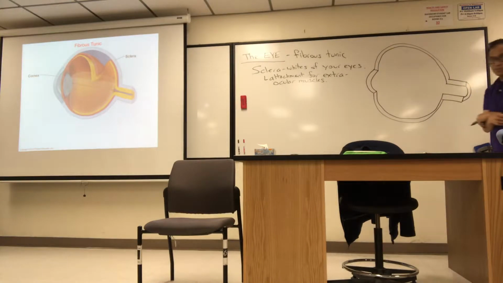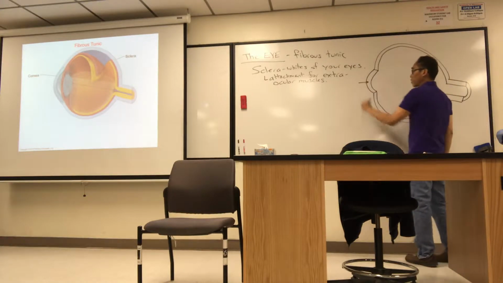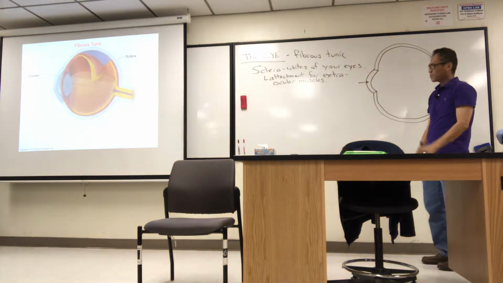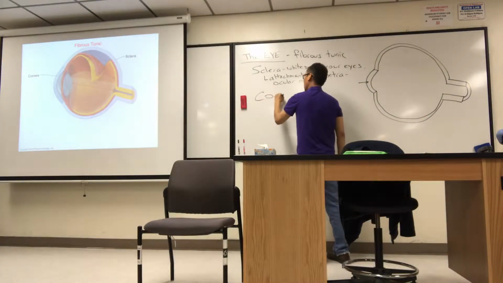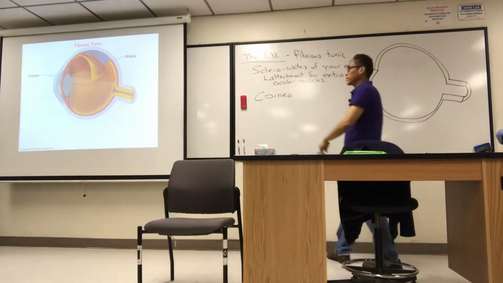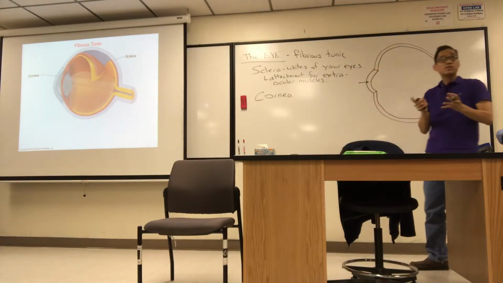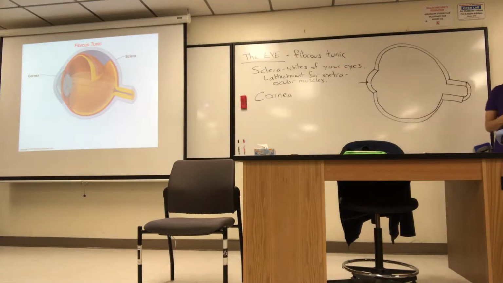It's the tough part. Now, also part of the fibrous tunic, more anteriorly, I draw it right there, that's the lens. Or not the lens, the cornea. Well, the cornea works with the lens to bend rays of light so you can see objects clearly and in focus.